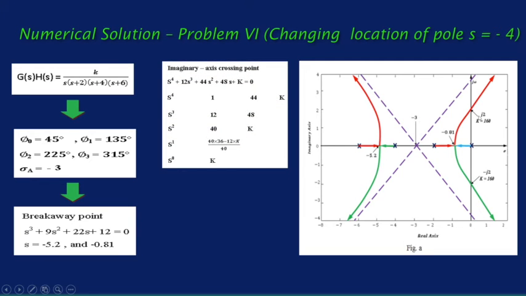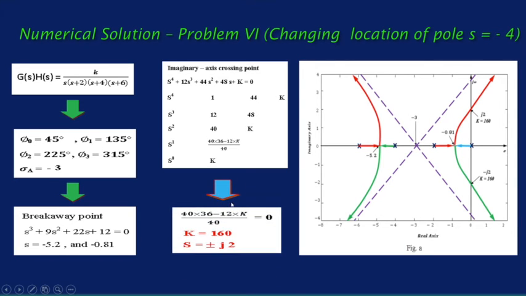Then find the crossing point of K and the value of s using the Routh array. So taking the characteristic equation, define this Routh array. Then if this is equal to 0, we get K equal to 160. Taking the auxiliary equation 40s² + K = 0, then put K equal to 160.